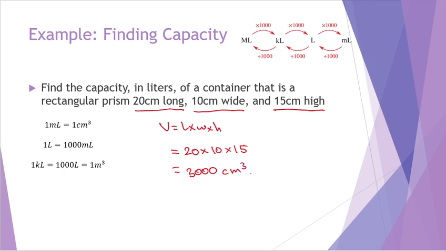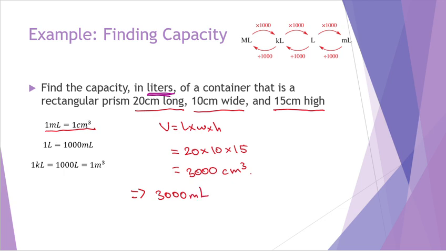Now, because the question's asking to find the capacity in liters, I need to start making conversions now. So let's convert 3,000 centimeters cubed into liters. Looking at the flowchart here, 1 centimeter cubed is equivalent to 1 milliliter. So that means this 3,000 centimeters cubed turns into 3,000 milliliters.